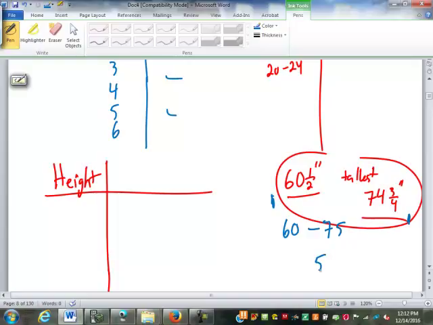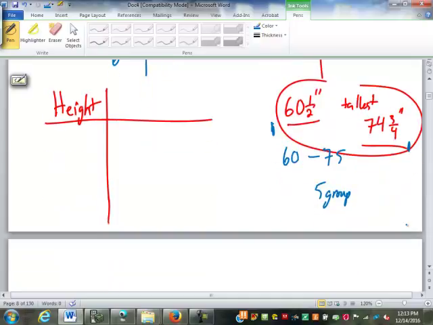So dividing them into 5 groups is going to work out really well. So here we've got a range. I don't know if we've talked about range yet. The range of 75 minus 60 is 15. If you divide that by 5, that's going to be a group width of 3 per group.